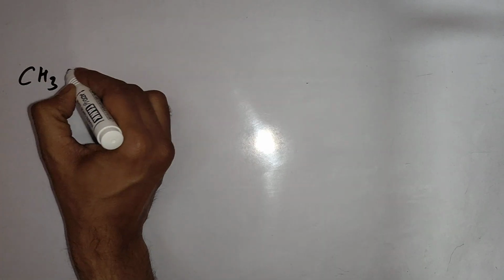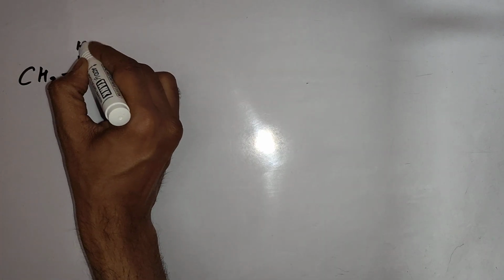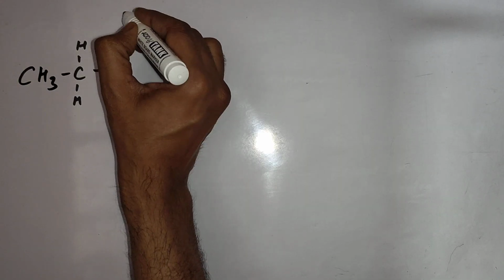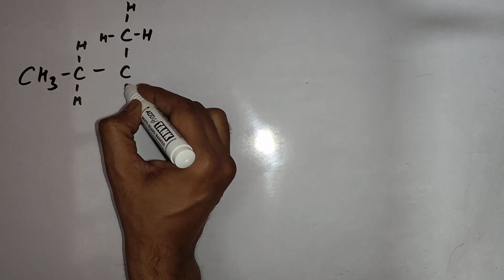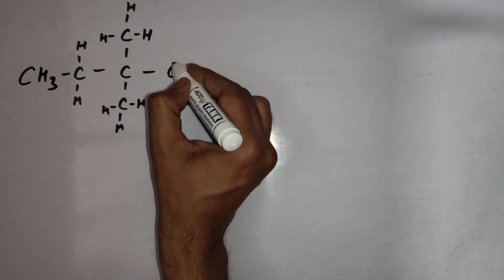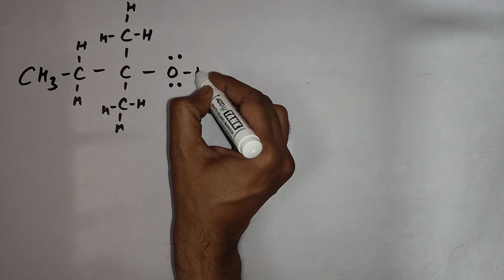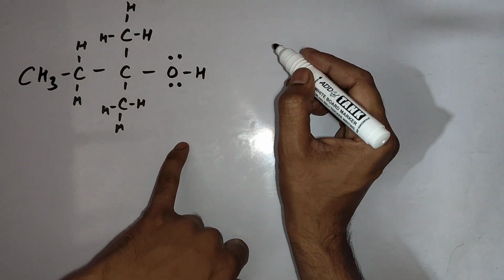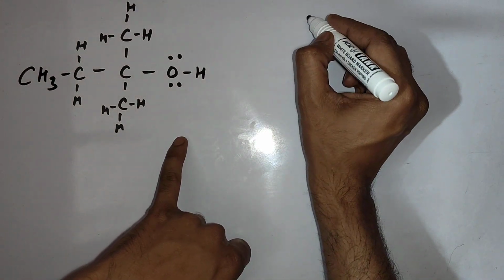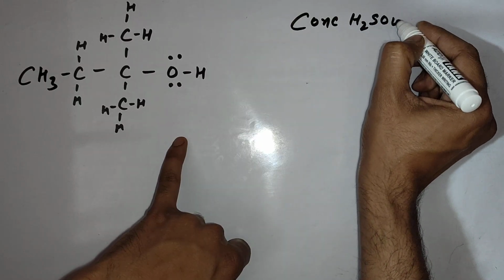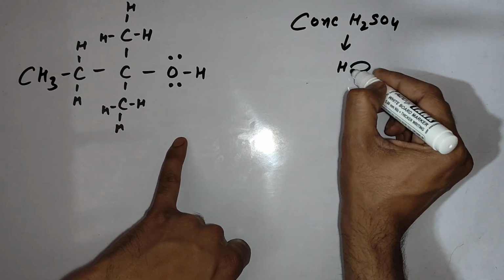Suppose we have this 3-degree alcohol. What will happen when it reacts with KMnO4 and concentrated sulfuric acid? Firstly, concentrated sulfuric acid will provide H positive particles.